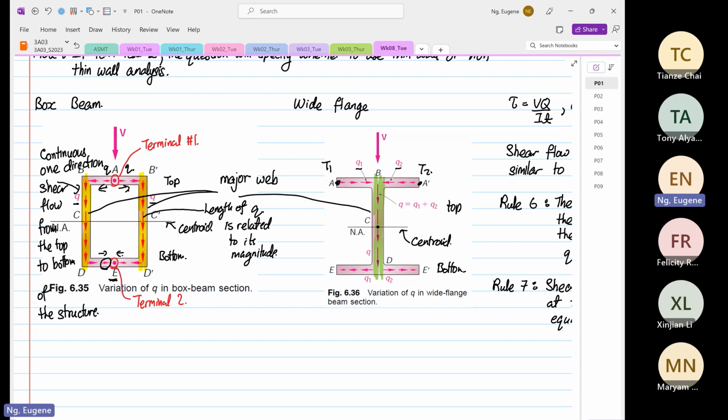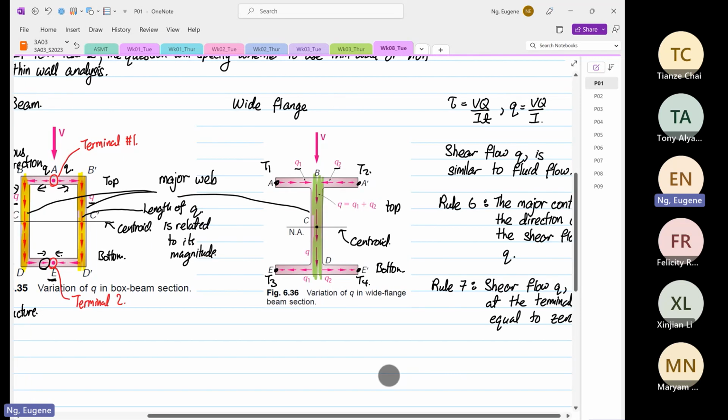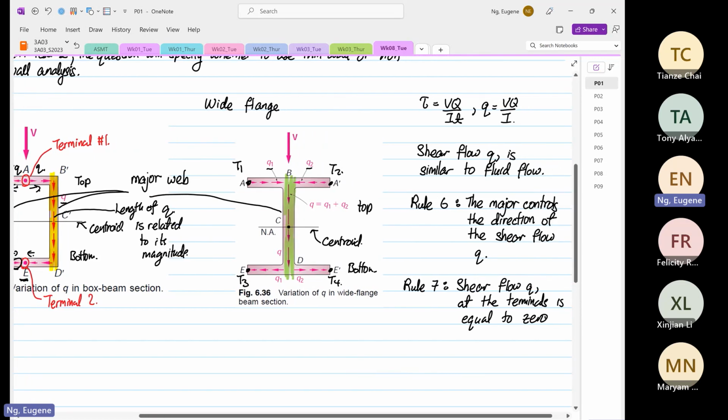Then it combines together at the web, and at the bottom it ends off in two separate terminals again: one in terminal 3, the other in terminal 4. Later on, I'll show you how these terminals play a role in your analysis. But you have to remember this: at the terminal, the shear flow is equal to 0.